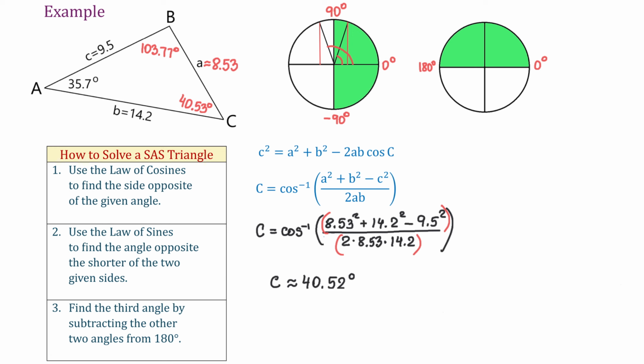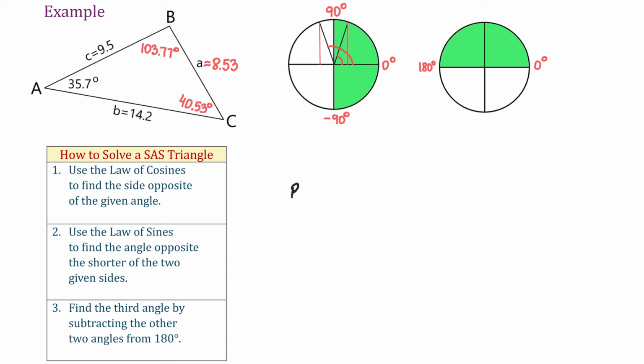For a more accurate value of C, we would need to use more digits of the approximated value of side A. And now, once we know angle C, to find the third angle, we need to subtract angles A and C from 180 degrees.